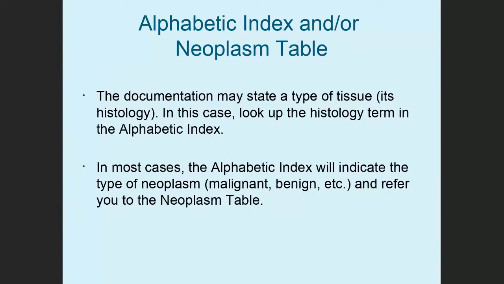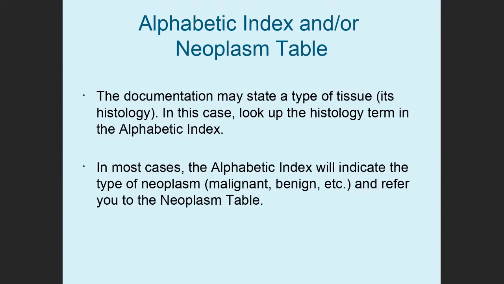Now, in other cases, sometimes you need to look up a term in the alphabetic index, and then it refers you to the neoplasm table. This is most often in the cases of a type of tissue, a histology. In many instances, the alphabetic index listing will refer you back to the neoplasm table.